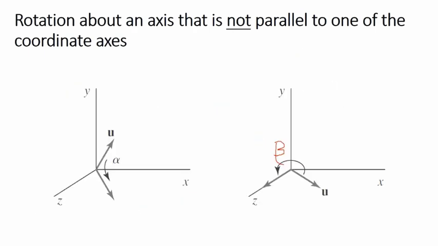Now how to find out alpha and beta? It's okay for me to not know alpha if I am able to get my cos alpha and sin alpha. Not being able to find out what my alpha is shouldn't be a problem, because this is what we are concerned about. These are our components in the rotation matrix. So if I am able to get cos alpha and sin alpha, I should be good to go, right?